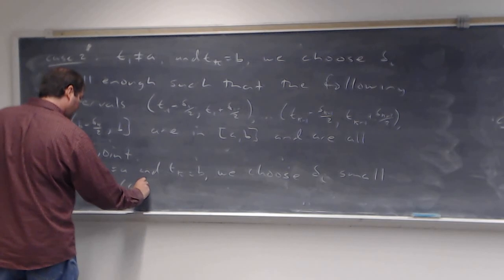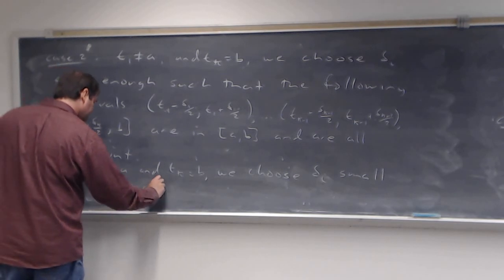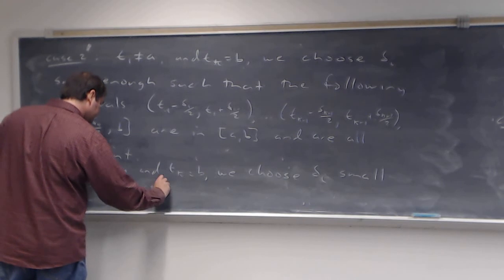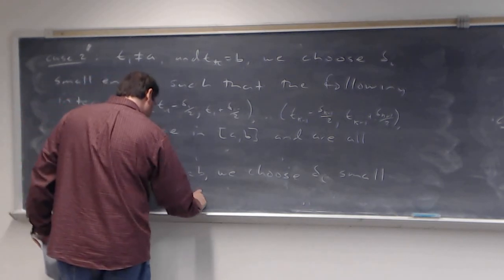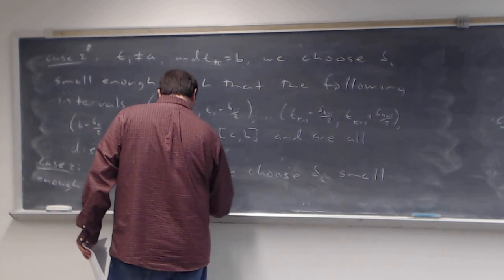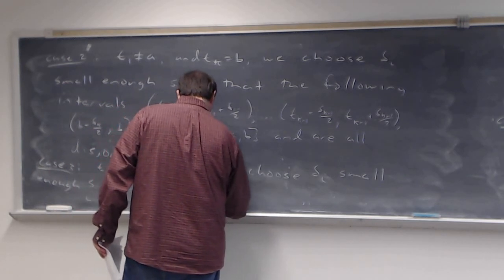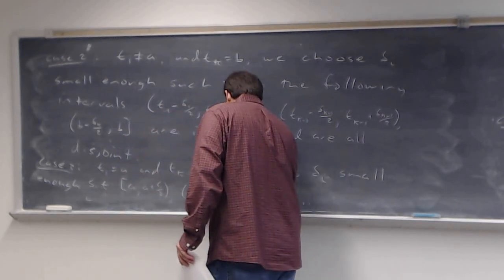a up to, let's close the interval there, up to a plus delta sub 1 over 2. Then t sub 2 minus delta sub 2 over 2 up to t sub 2 plus delta sub 2 over 2.